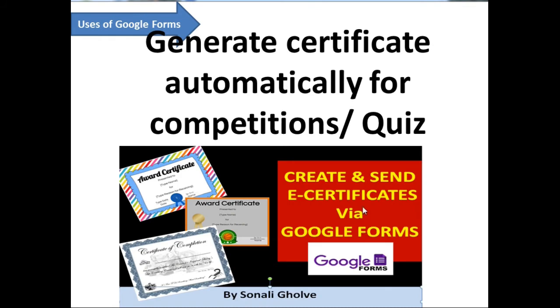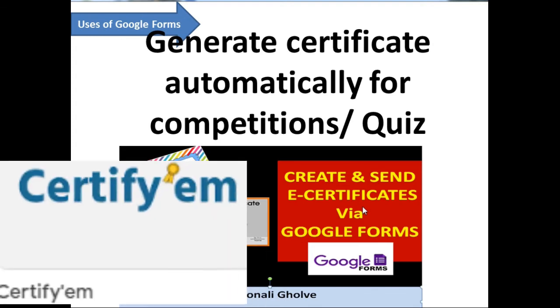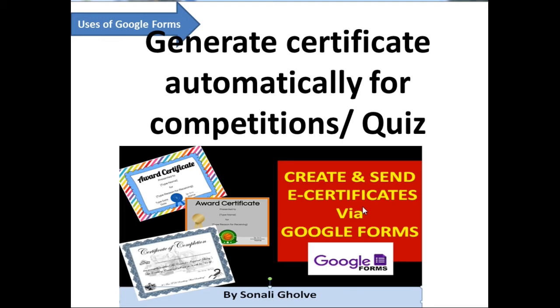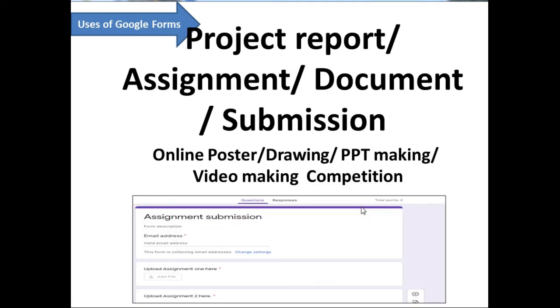You can generate certificates automatically for competitions or for quizzes with the help of the add-on Certify Me. You can generate 100 certificates per day. If you have purchased G Suite, you can send more certificates per day. You can complete the online submission of project reports and assignments.